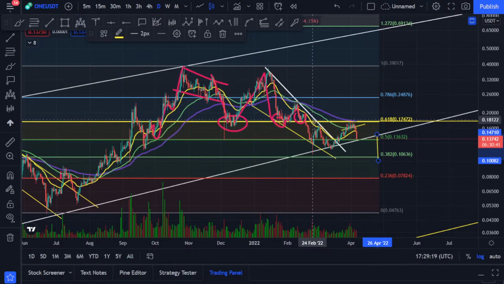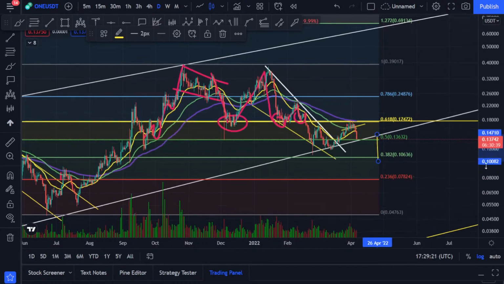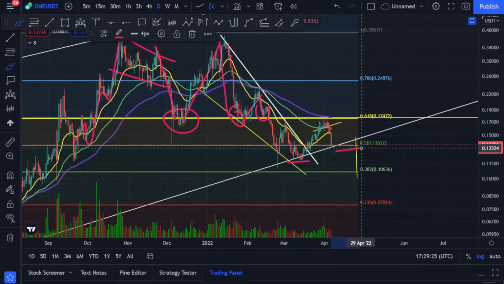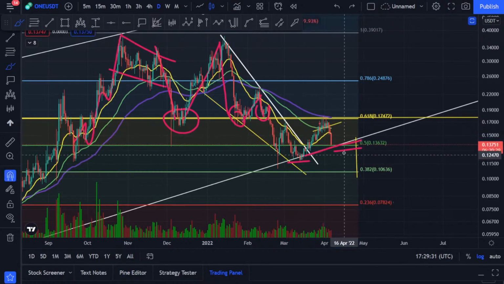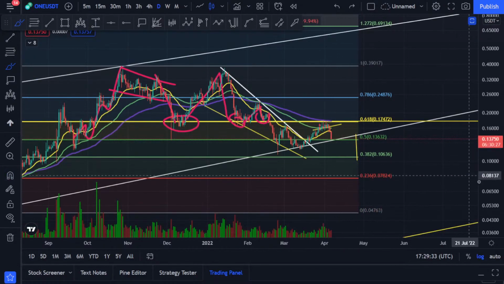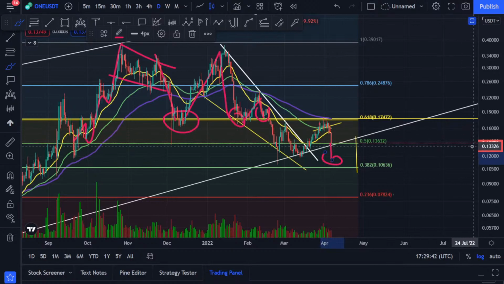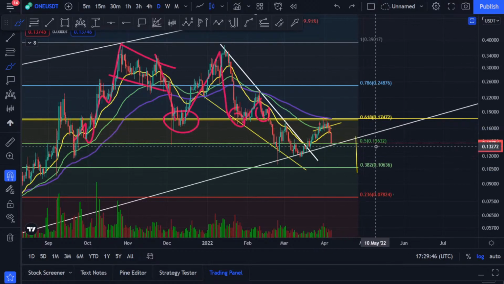It is in a formation of this pattern, okay, and is still making a higher low formation, this higher low. So hopefully we can have a good close above this line today and move towards the upside, okay, hopefully. So that's going to be the bullish case. If it comes down and closes below... the day hasn't ended, and then it wicks back and you're like, oh shit, I sold.